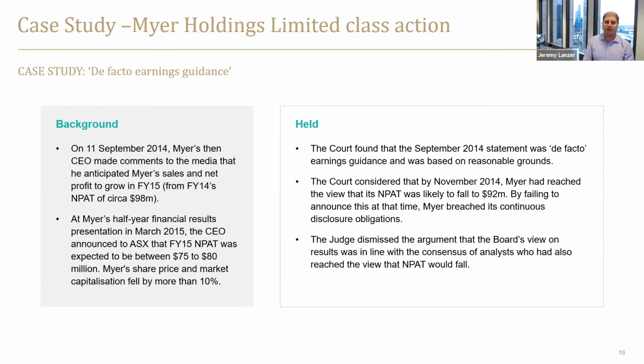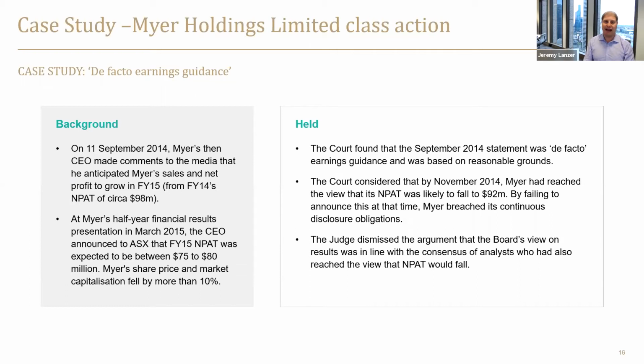So, I mean, we could do an analysis like we started to talk about before about when did they know and all that, and should they have waited until the half year. But really, the important point around this case is around de facto guidance. So although it wasn't formal published guidance that Myer had provided back in September, because of the statements that had been made by the CEO, the court found that it was reasonable for the market to treat that as some form of de facto guidance, and therefore that was what the market expected.